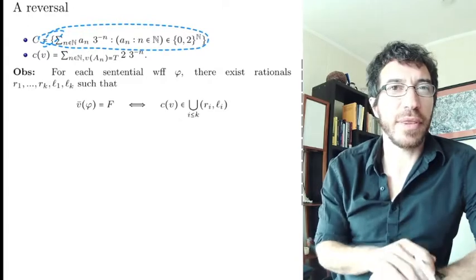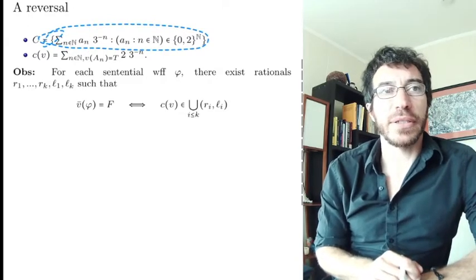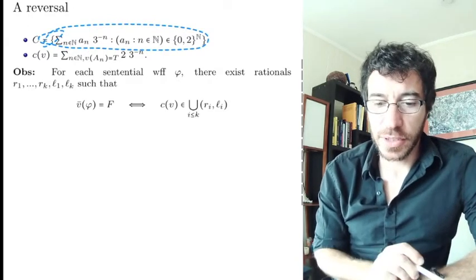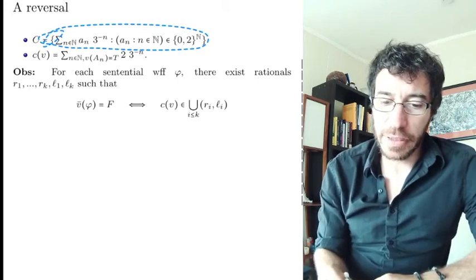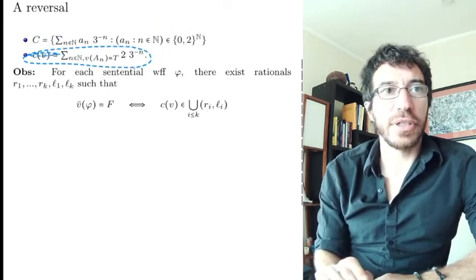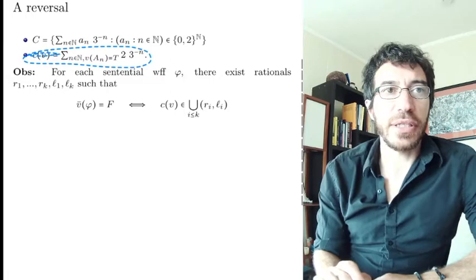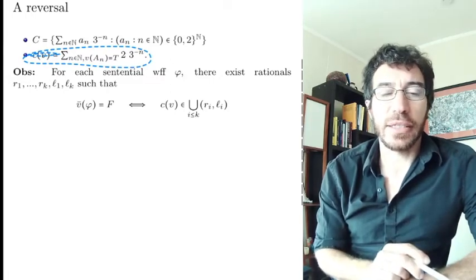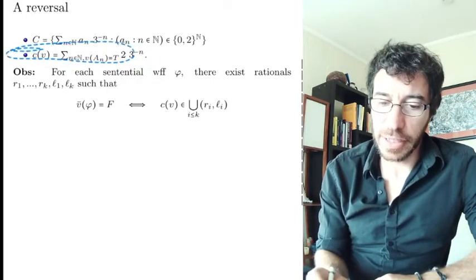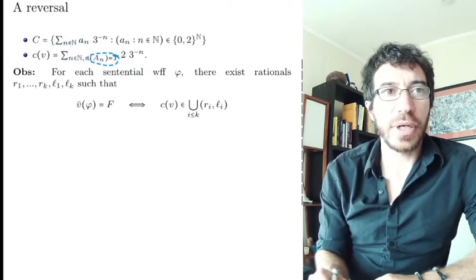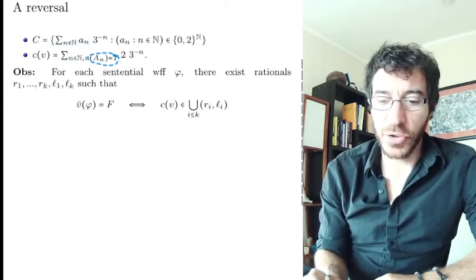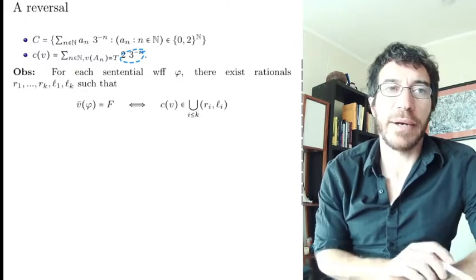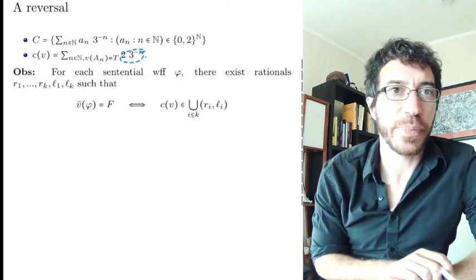So you can write them that way for all the sequences that you have. And we have a map that assigns to each variable truth assignment v a point in the Cantor set. It just looks at all the places where you get true, and for those n's, you add the term 2 times 3 to the negative n.